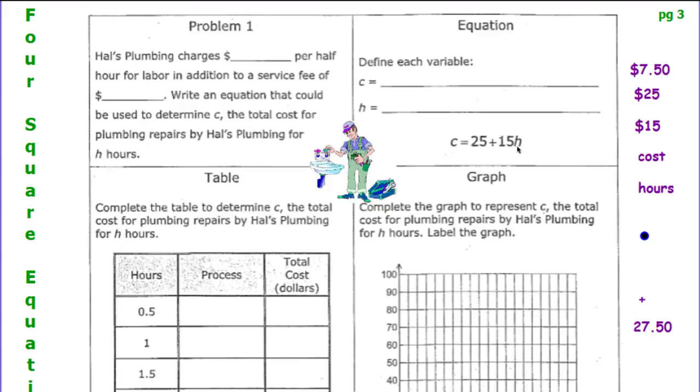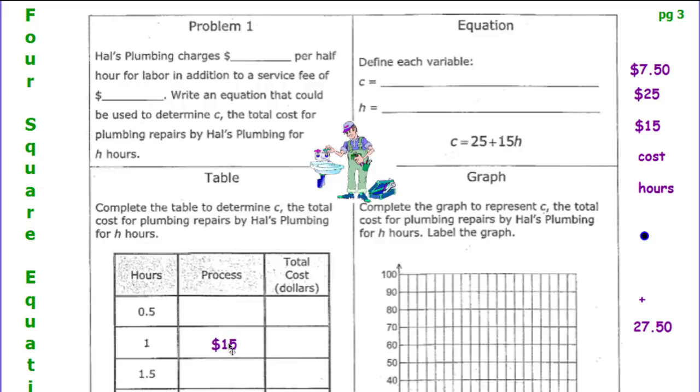So we can tell from the equation that this 25 is a constant. So it's going to be $25 no matter what, kind of like our taxi ride. This 15 is a coefficient of the hours that they work. So this looks like it's going to be $15 per hour. So let's use that and put that in our table.